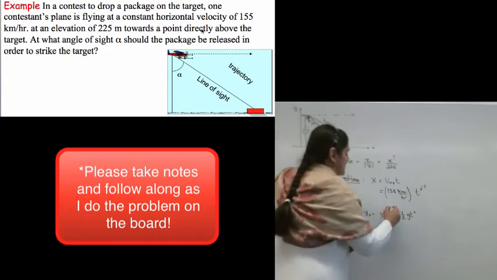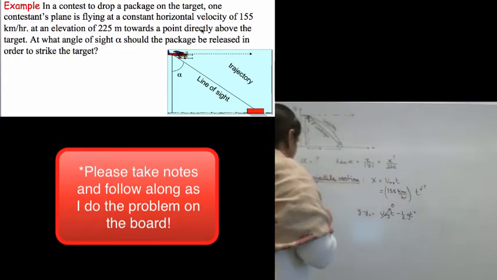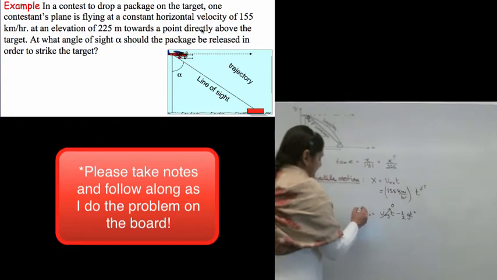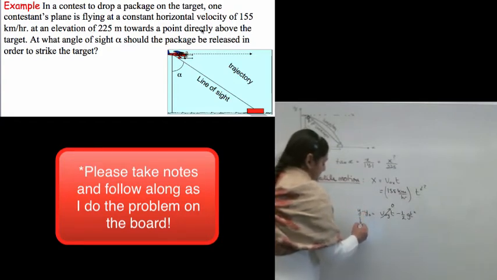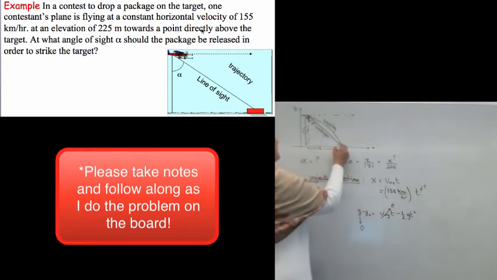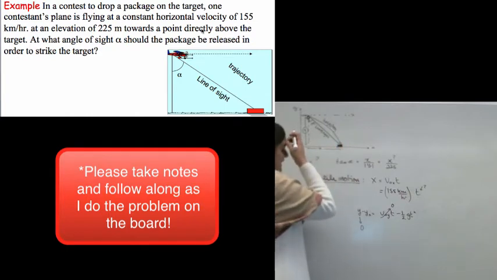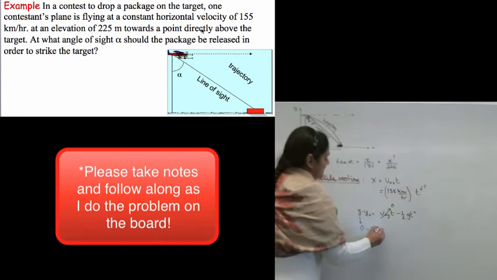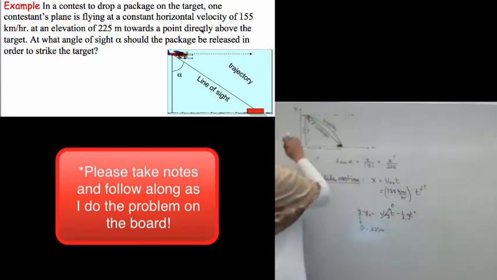Absolutely, the initial y velocity is going to be 0. And this y is going to be 0, because this is the point where it hopefully hits the target, and y naught is 225 because that was the height it had over here.